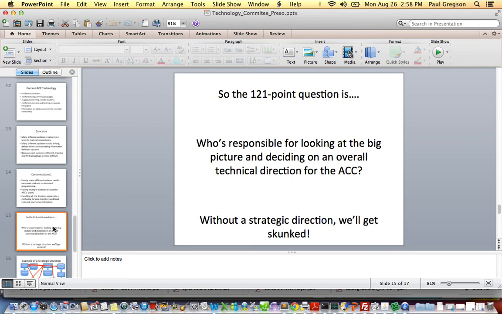Because without a strategic direction, it's really difficult to make individual decisions about individual applications, because you're making them in isolation, and there's no one thinking about the potential consequences of a decision made in one system on the other systems. And I'm just not sure right now that there's anyone overall who has responsibility for the ACC's technology.